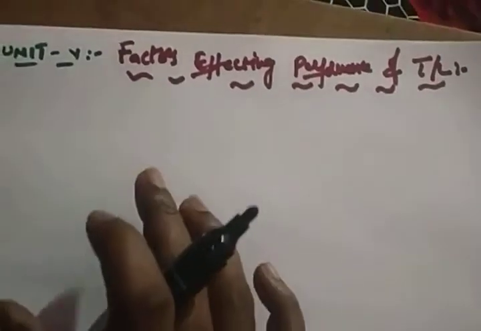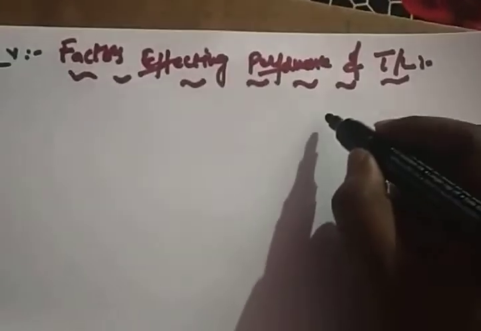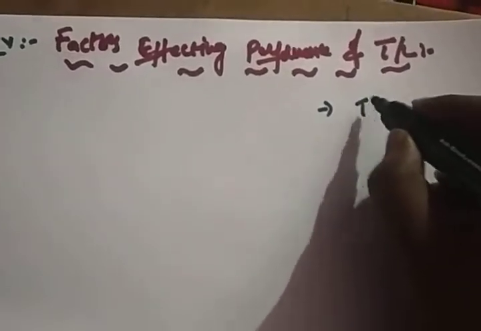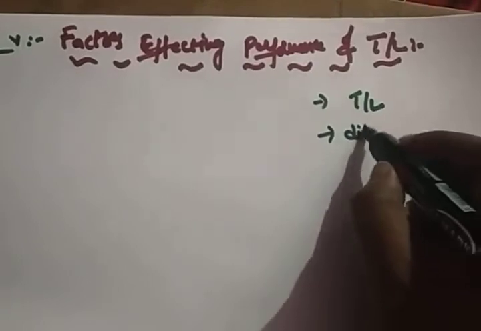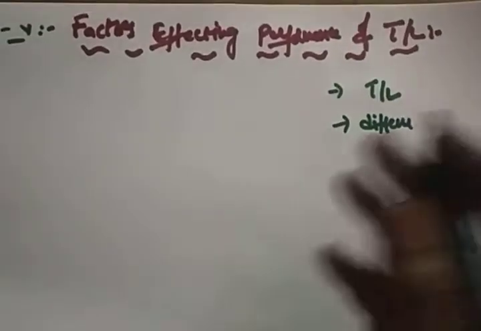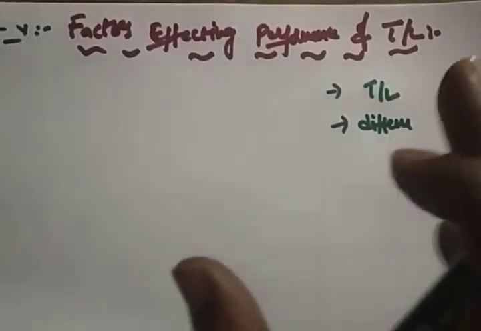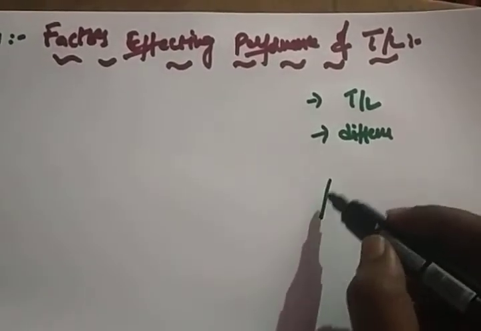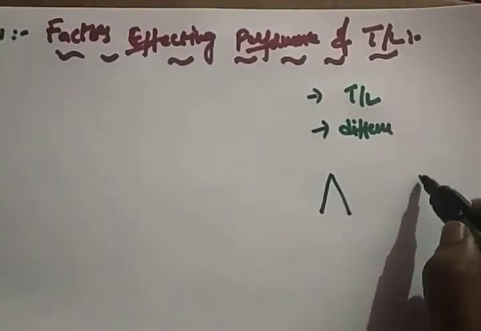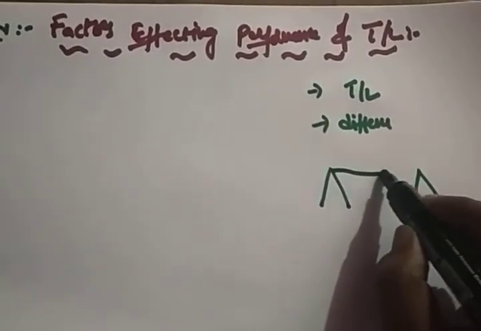Till now, we discussed how we can erect the transmission system. So what is a transmission line, and what are the different types: a short transmission line, a medium transmission line, and a long transmission line, right? After that, we discussed how the transmission line is erected between two transmission towers.